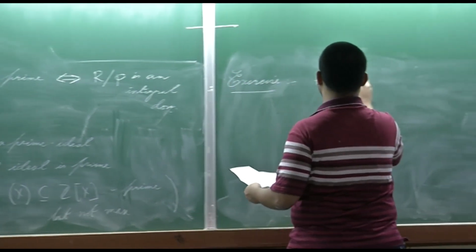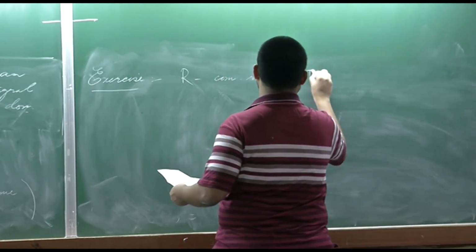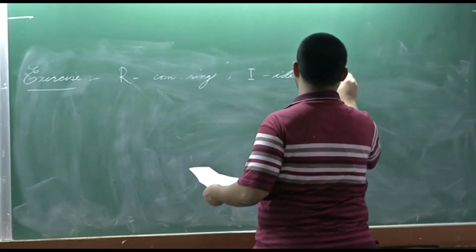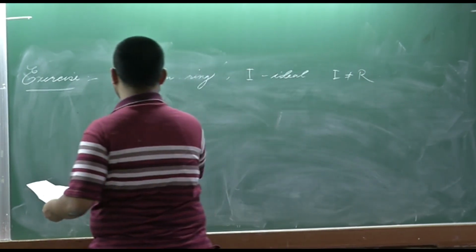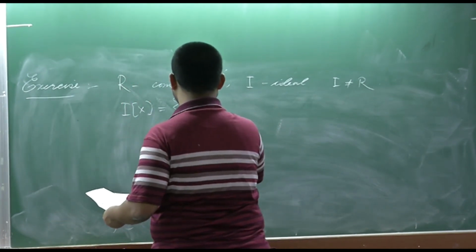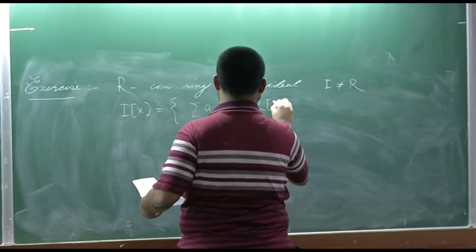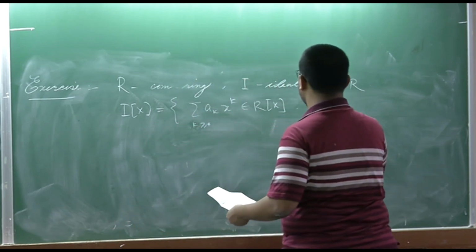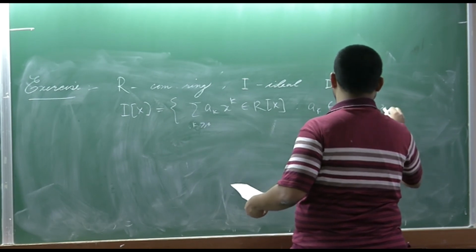So, as usual, let R be a commutative ring and I be an ideal, a proper ideal, then we define I[x] to be all the polynomials whose coefficients also come from the ideal I.